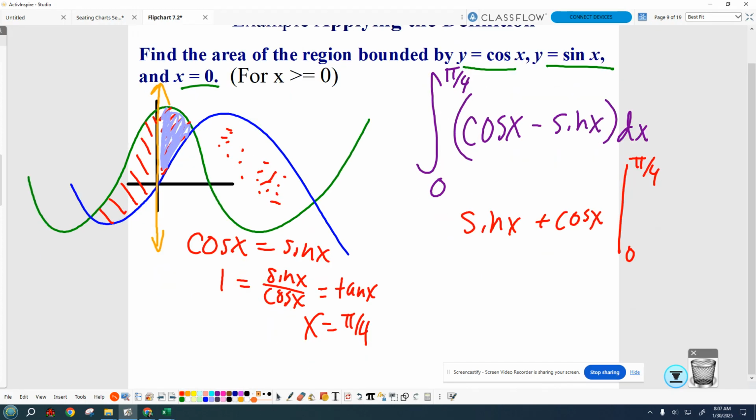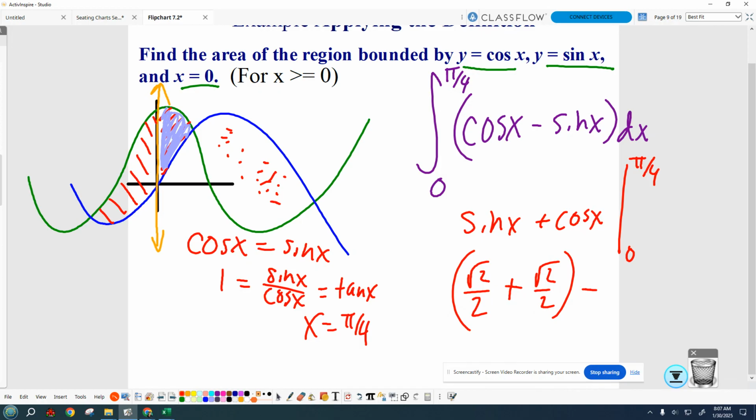So Alice, sine of pi over 4? Root 2 over 2. Sadie, cosine of pi over 4? Root 2 over 2. And here's the rookie mistake. You guys see the 0 and you just blow it off, thinking everything is 0 when you plug in 0, but that's not true.